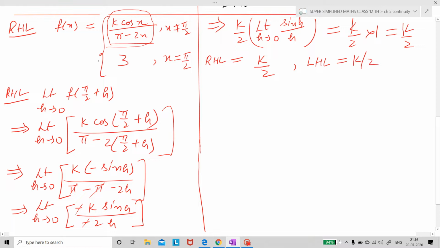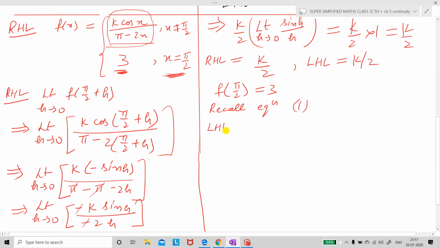And now look at this, f(x) is 3 when x is pi by 2. That means f of pi by 2 is equal to 3. Now we recall equation 1. What was equation 1?